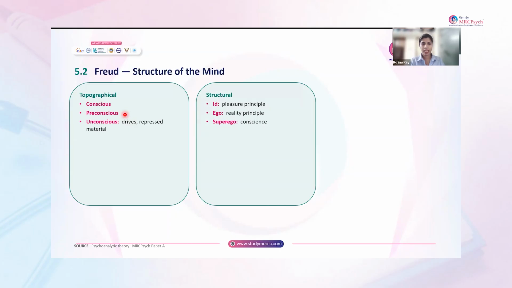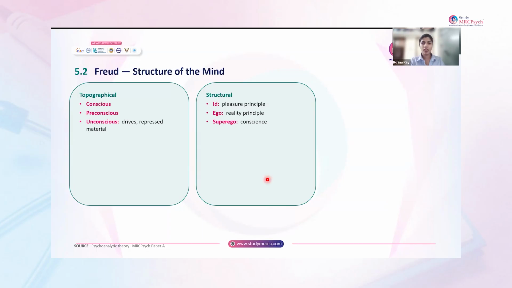So there are three levels: the conscious, where we are currently aware of our thoughts and feelings. The preconscious level, where the memories and information can be brought into awareness, and the unconscious level, where it has hidden wishes, instincts, and repressed memories that influence our behavior without awareness.